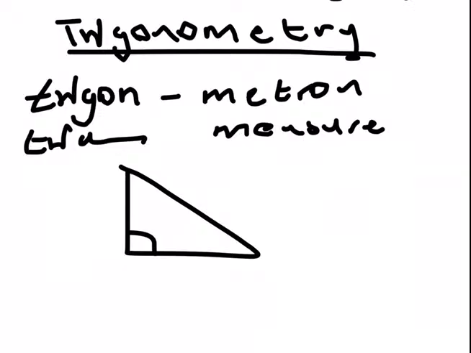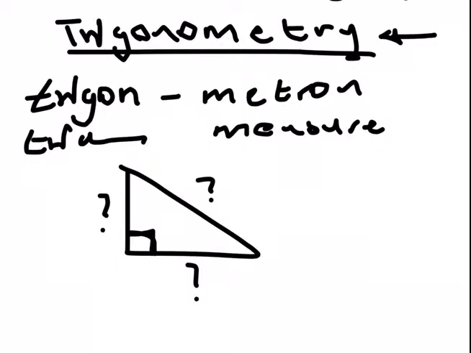So that means you will always use your knowledge of trigonometry in order to answer questions related to a right-angled triangle. The only way we can measure a right-angled triangle is if we have the ability to calculate the hypotenuse, to calculate side 1, side 2, and the 3 angles.